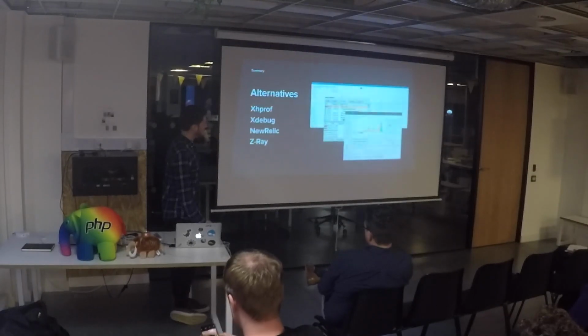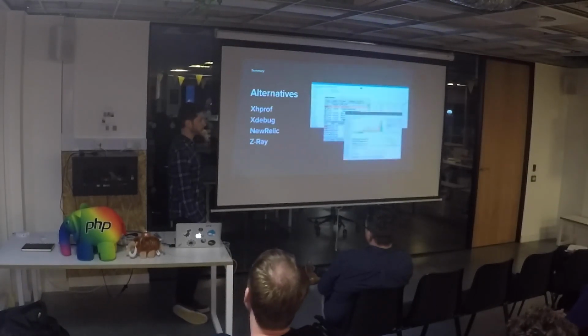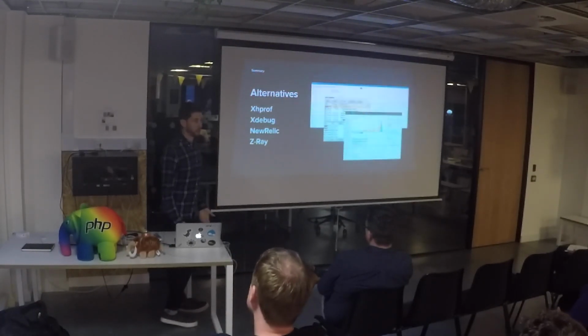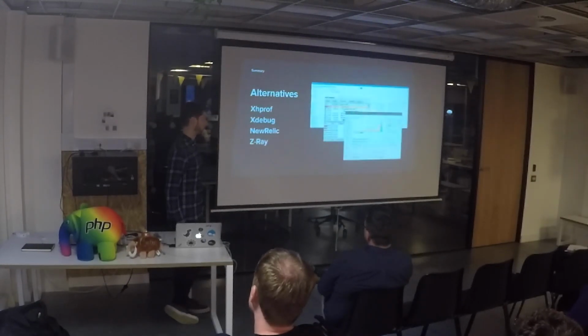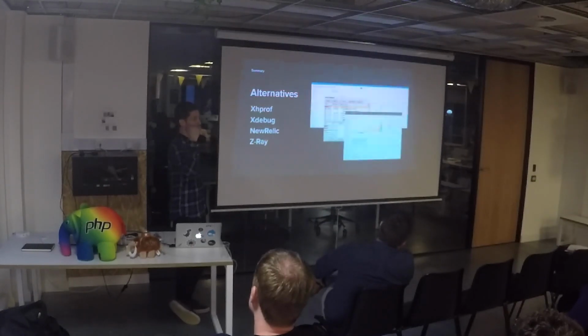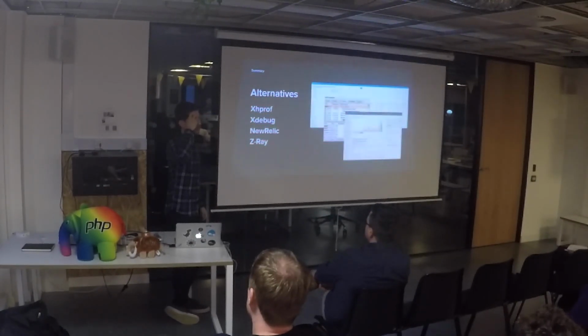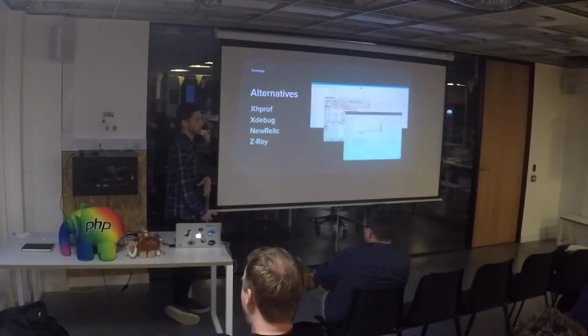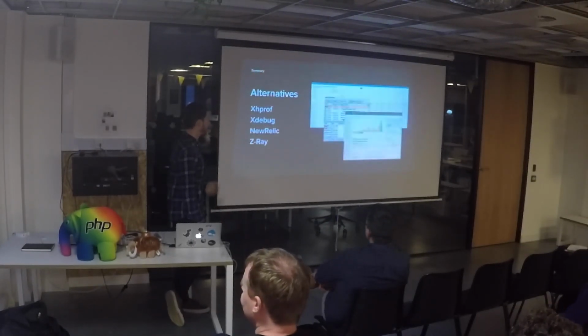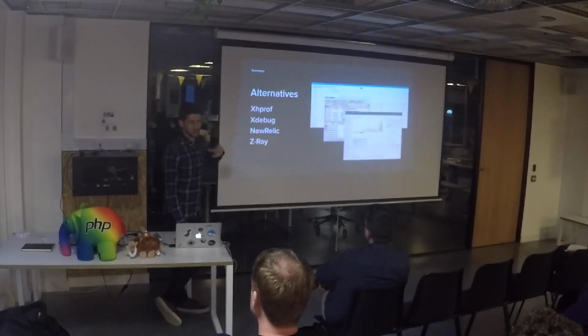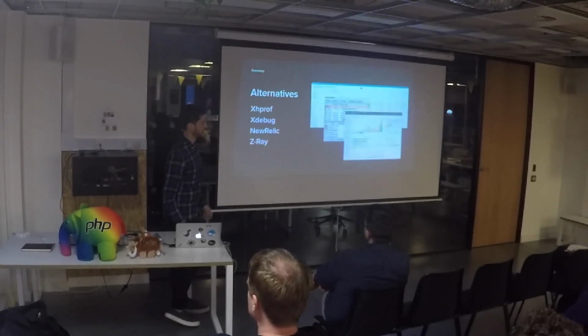New Relic is great for production because it's constantly watching. It's expensive, but it will let you jump in and do function level profiling on things, and it will track your SQL things, and it will anonymize them. And then there's Zray as well, which is a Zend product. I don't know if they still develop it, if Zend are still a thing.